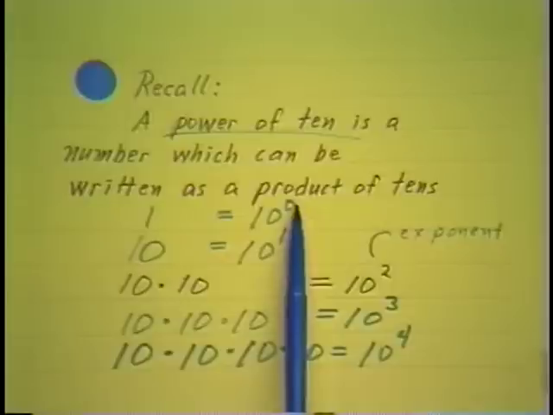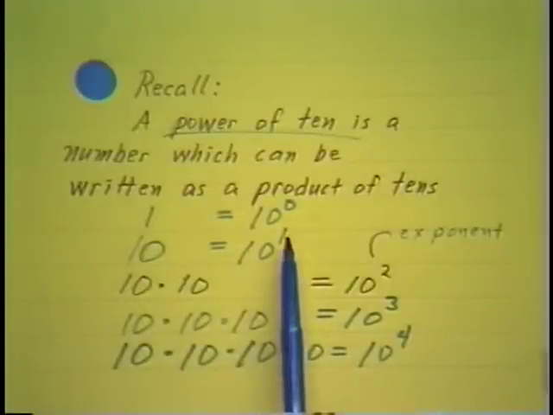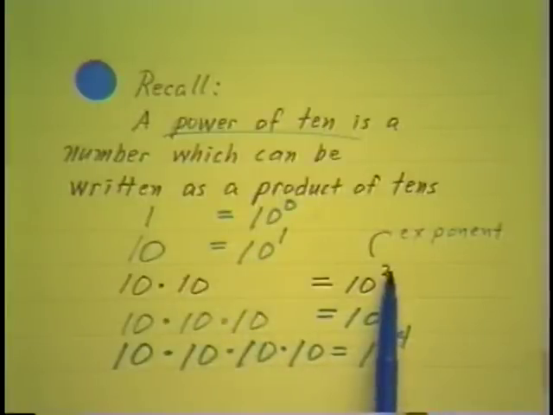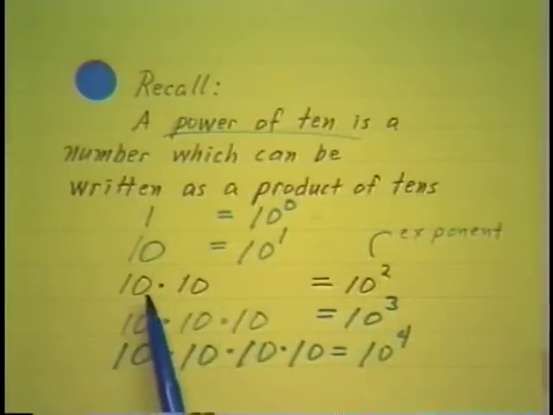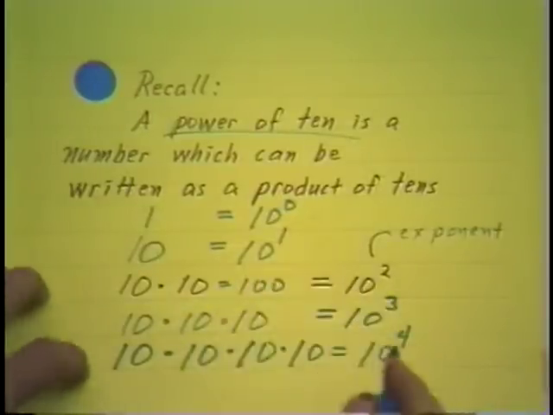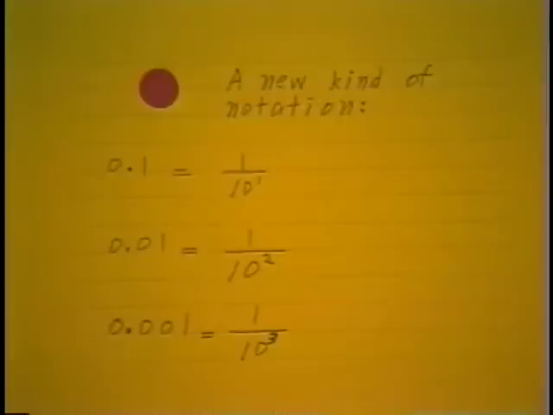On 10 to the 0, there is 1 with no zeros behind it. 10 to the 1st is a 1 followed by 1 zero. 10 squared is a 1 followed by 2 zeros, and so on. Recall this from chapter 1. We'll be using that a lot in this discussion.